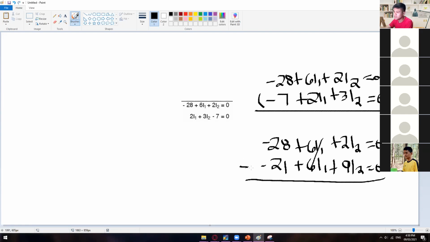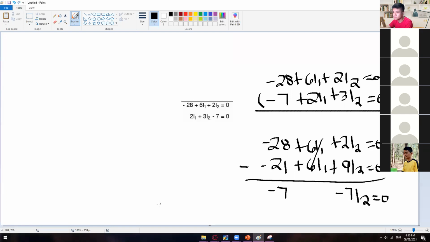All right, and then from here, negative 28 plus 21, so of course this one will become positive. So you will get negative 7 plus 2 minus 9. So you will have here negative 7i sub 2 is equal to 0.